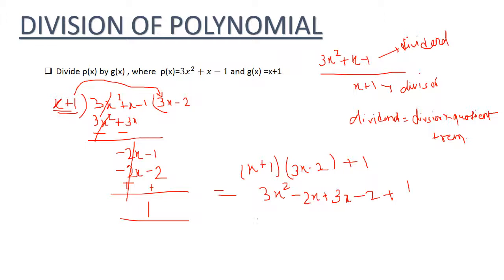We will get the value 3x square plus x minus 1, which is equal to the dividend. So it means we have divided correctly, and this is the method of division. With practice, you will find this method is so easy, and I will solve more problems on this method.